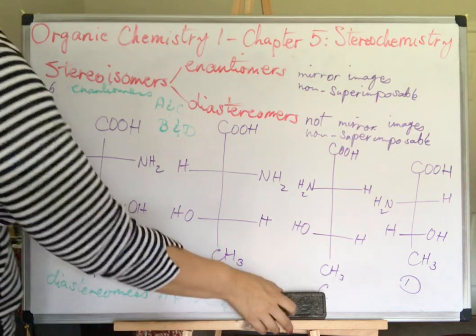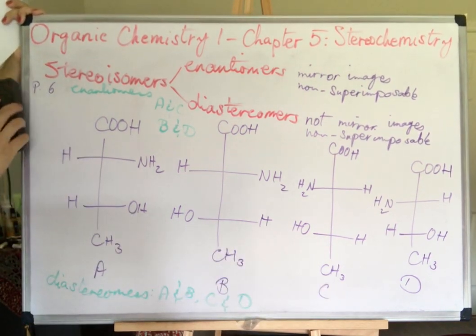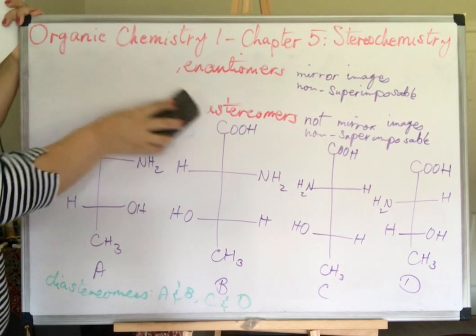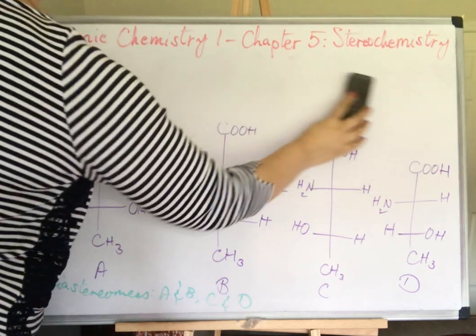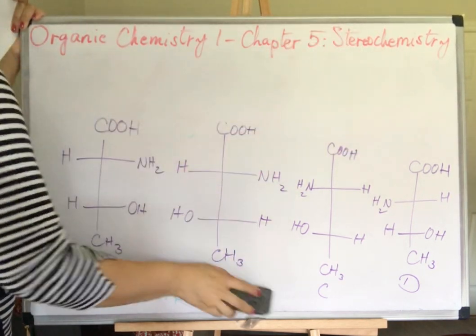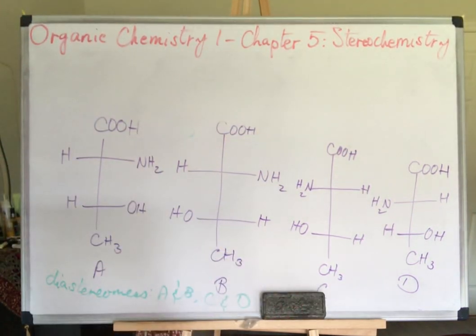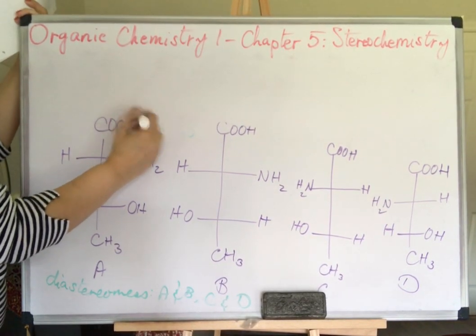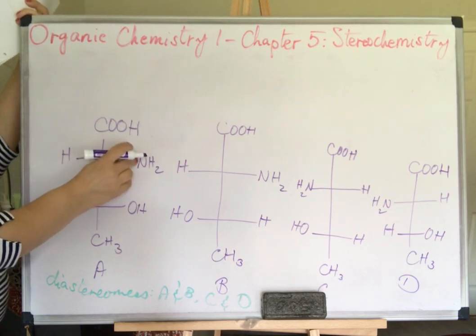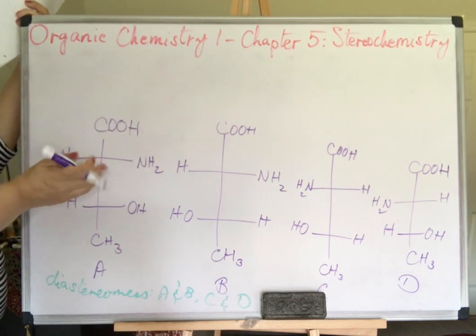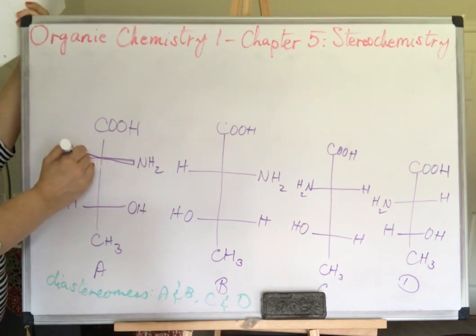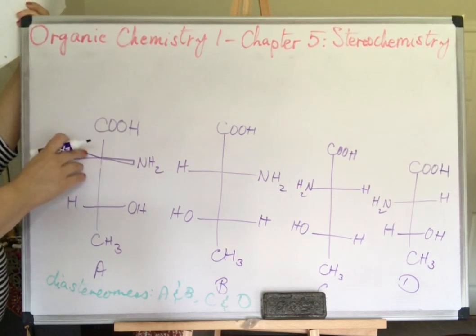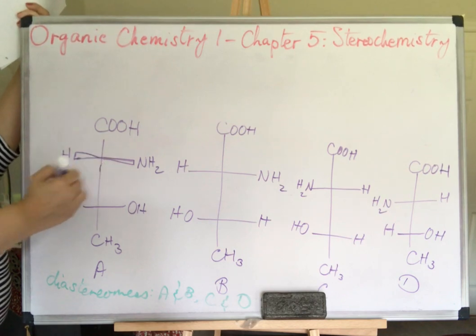How to determine whether a diastereomer is R or S: if you put everything on the horizontal line on the wedge, they look like a bow tie, right? They are called Fischer configuration.